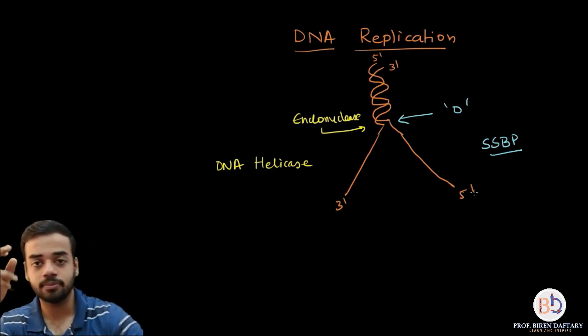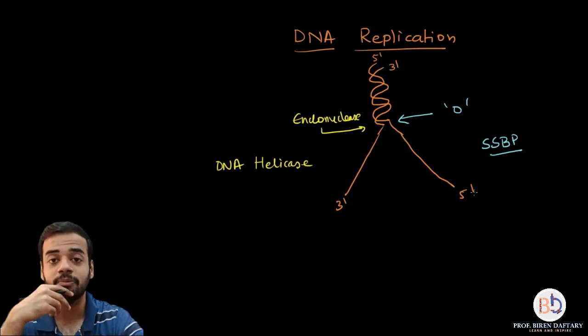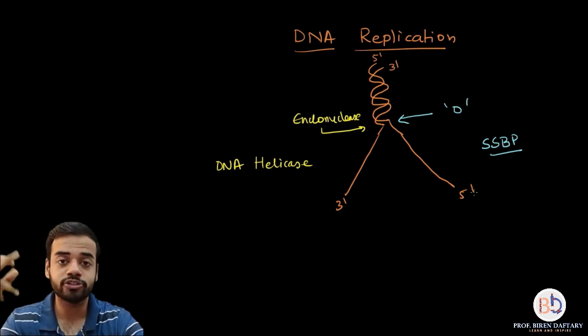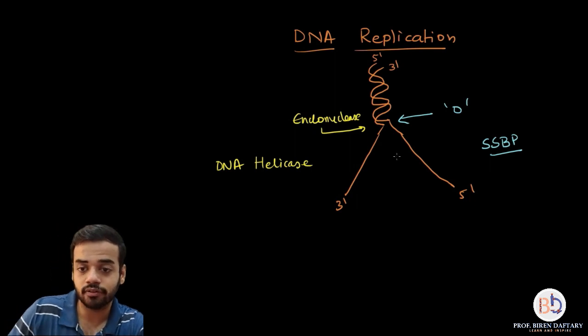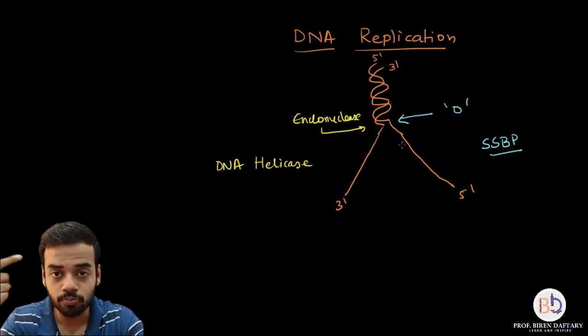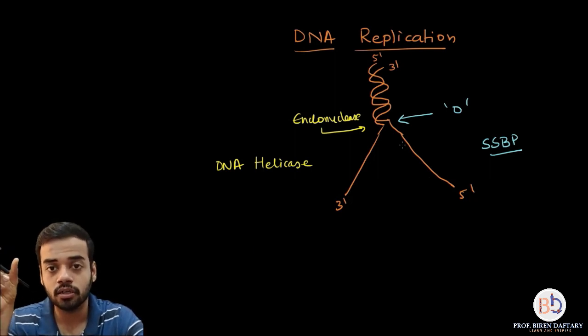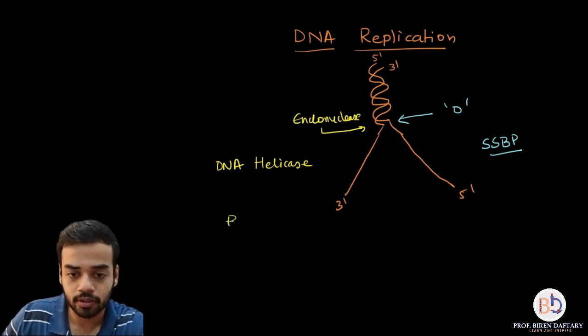Now what is the next step? The next step is, there is something called an RNA primer. You want to start the growth of the daughter strand. One daughter strand will grow over here, the other will grow on this strand. So for the growth to begin, you need a very small sequence, which is called RNA primer.